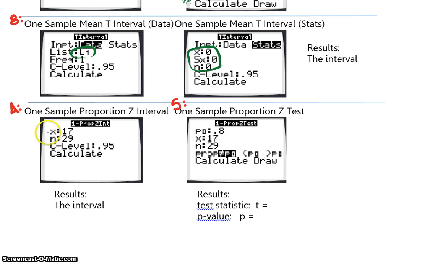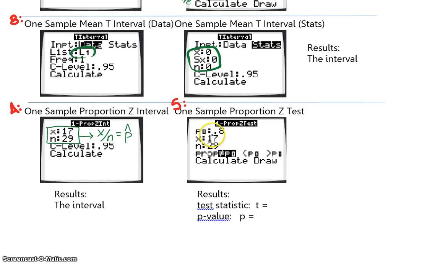So what you don't enter here is p hat. Okay? X over n is what gives you your p hat. The calculator wants to calculate that for you. So if you're given p hat and you're given n, you need to figure out what that x value is, which I'll show you on the example that we do.